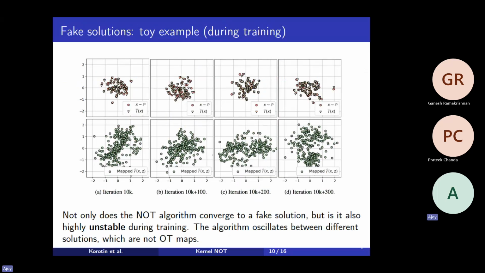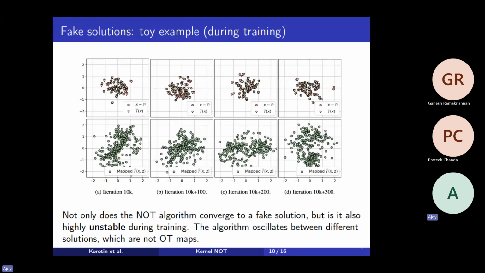Another big checkpoint where they realized something wrong is happening in their algorithm: they saw that even after 10,000 steps, within a span of 300, 400 steps, the maps were changing considerably. So this should not happen. They were expecting convergence at this point. 10K is a hypothetical number, but for this data set they were expecting that the distribution would converge.